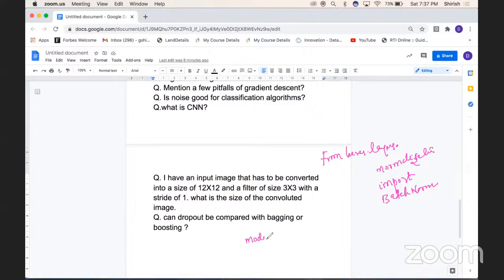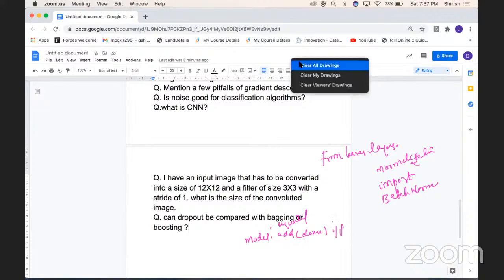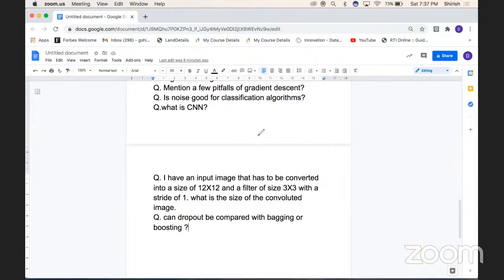You write model dot add. You start with a sequential model, then you will add your dense network. Let me write it properly here. From keras dot layers dot normalization import BatchNormalization, right?